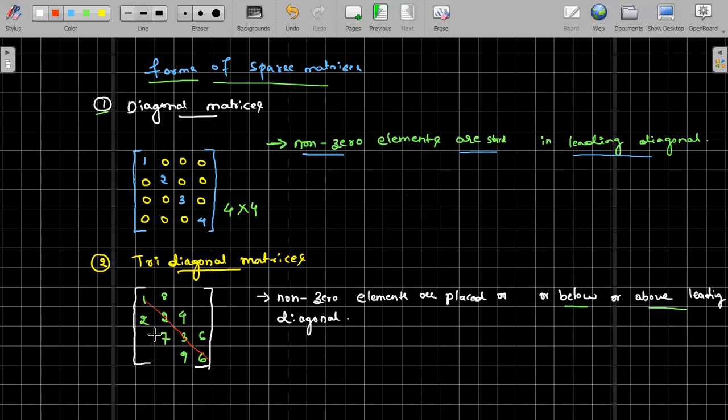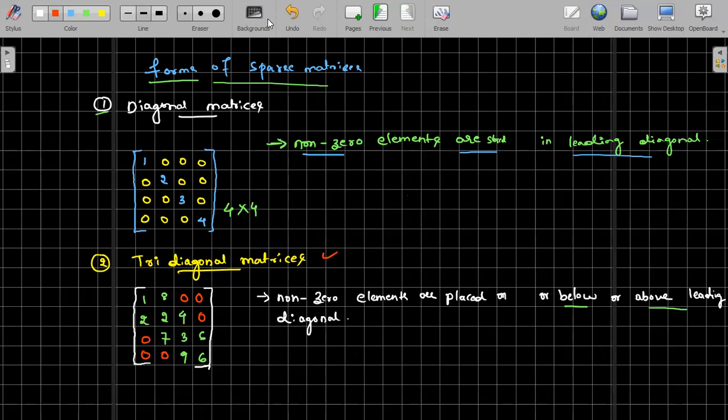Below this diagonal we have elements, and above this diagonal we have elements. This is what we have to go through. One more important thing: the rest of the memory locations will have the value 0. This is exactly what we call tri-diagonal matrices.